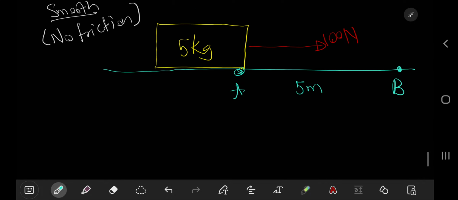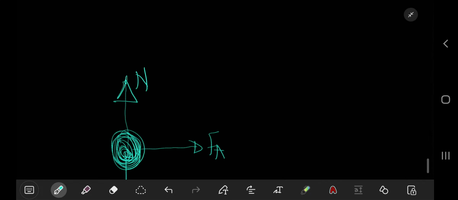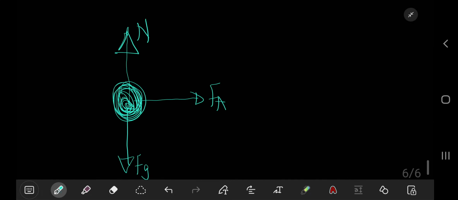The object moved from point A to point B, so the direction of displacement is to the right. The applied force is in the same direction as the displacement, meaning it does work, in this case positive work.